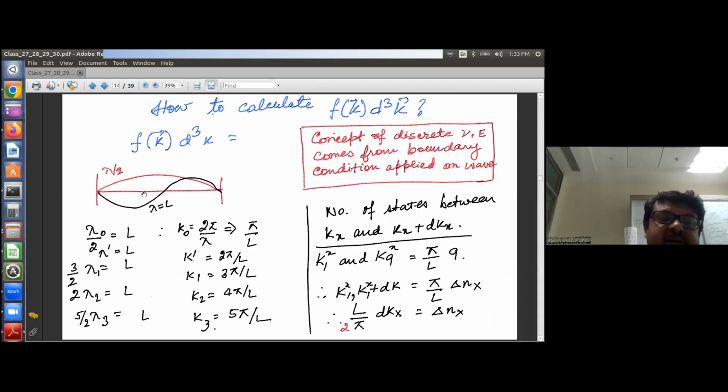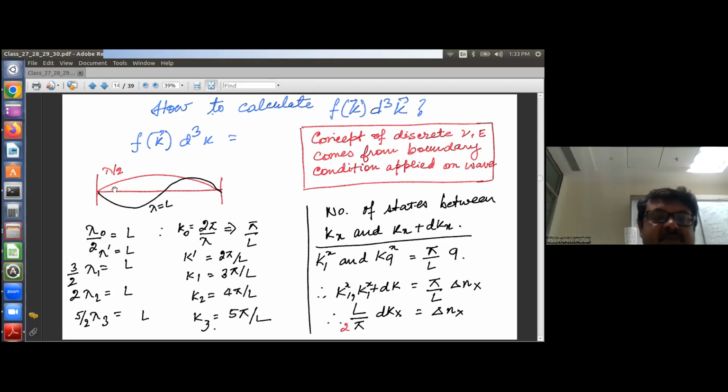In 3 directions, we could use the idea which I just told you: lambda 0 by 2 equal to L, or the entire length can have a full wavelength.